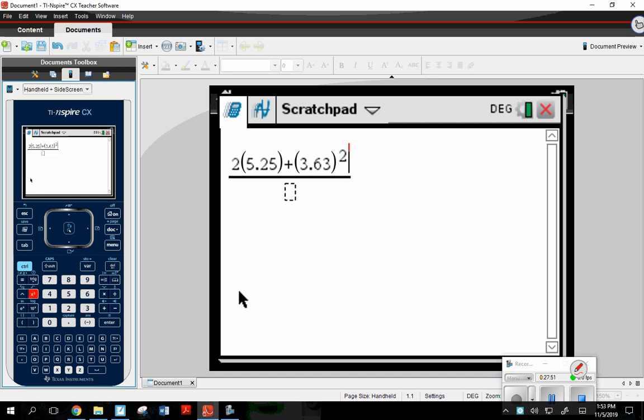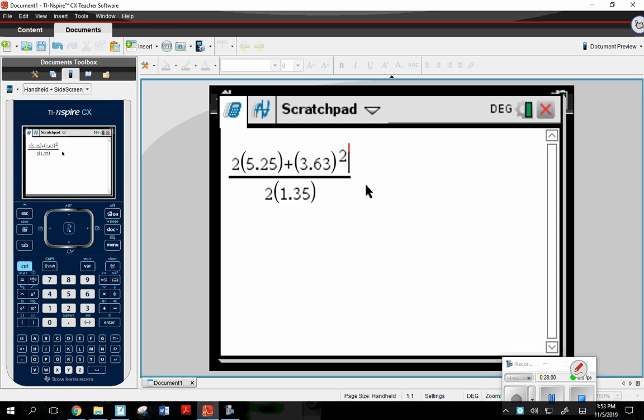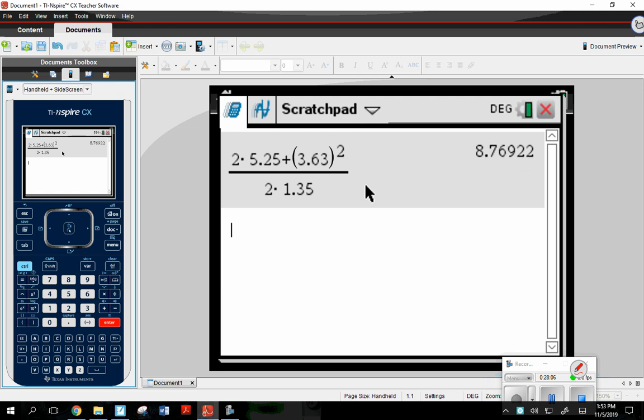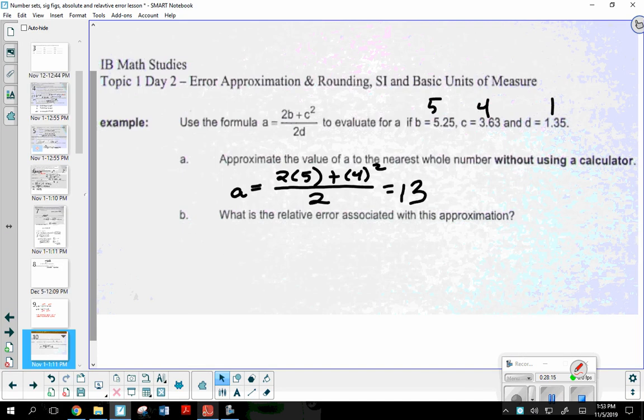And then we were dividing that by 2 times d, which was 1.35. Would everybody agree? So here's the exact value. I'm getting like 8.76922. Originally, this is my approximated one, so this is V sub A.